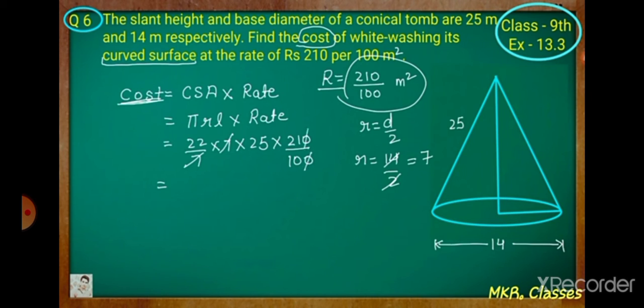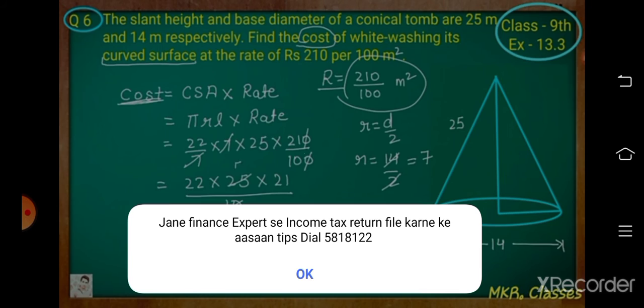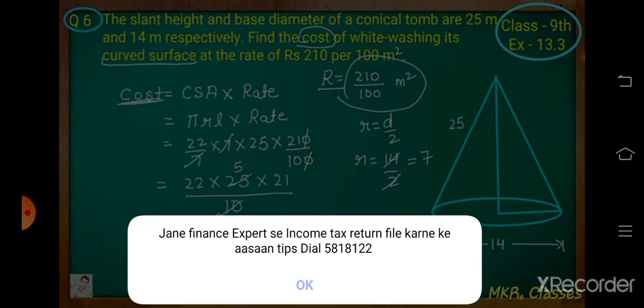So now we'll solve it. The diameter was given as 14 meter, so the radius will be 7. So 7 and 7 cancel out. It's 22 into 25, because 25 is the slant height, into 21. When we multiply these values, 10 can be cancelled out with the 5. 5 5s are 25.